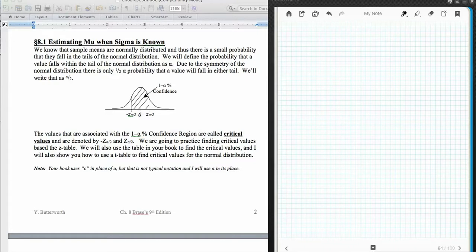Now, when the standard deviation of the population is known, we're going to be relying on the normal distribution, because the sampling distribution of the x bars, as we know, is distributed normally with a mean equal to the mean of the population and a standard deviation equal to the standard deviation of the population divided by the square root of n.